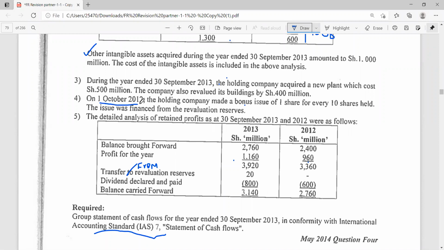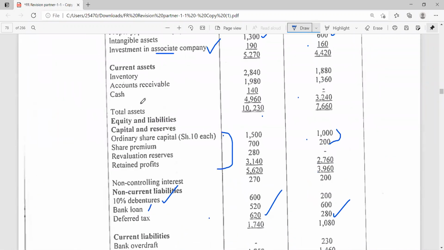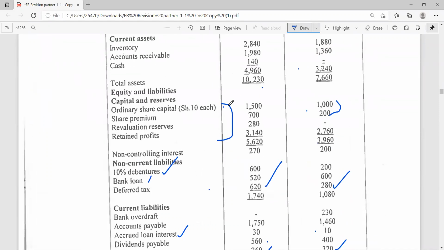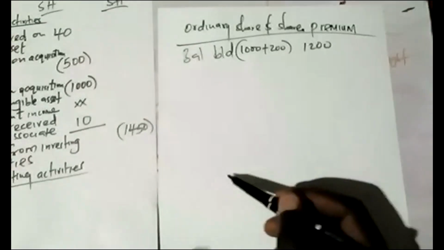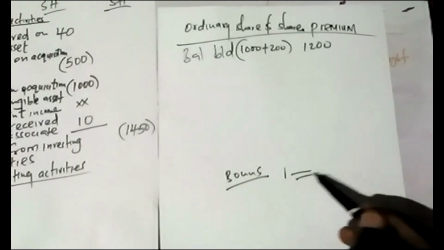On which date? 1st October 2012. So how many shares were there as of 1st October 2012? Remember the value we have here is 1,000. So in order to get the shares, we divide with 10. What I will do here is all about bonus. Bonus was 1 for every 10 held.